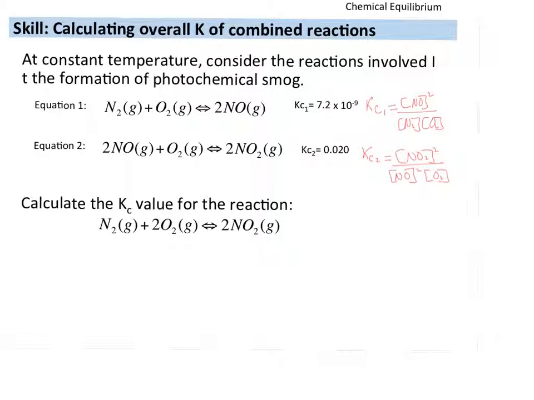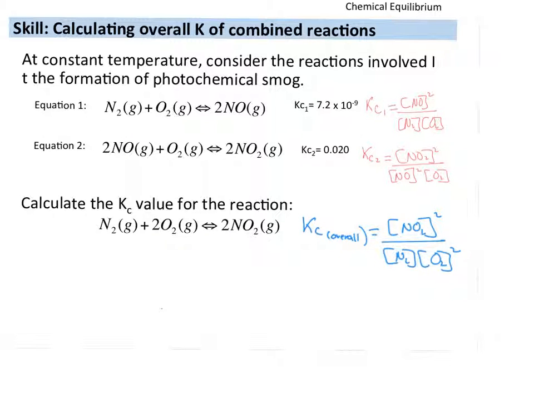Then we do the overall equation. So for the overall equation, it will be Kc overall. I'm just going to write overall so we have a reference. It will be NO2 to the 2 over nitrogen times oxygen raised to the 2.